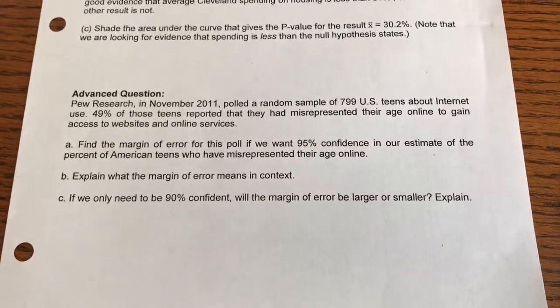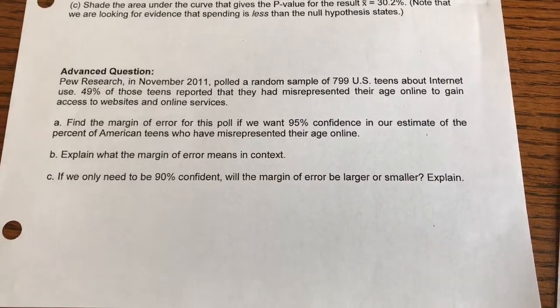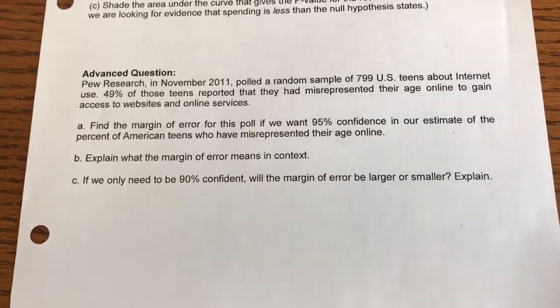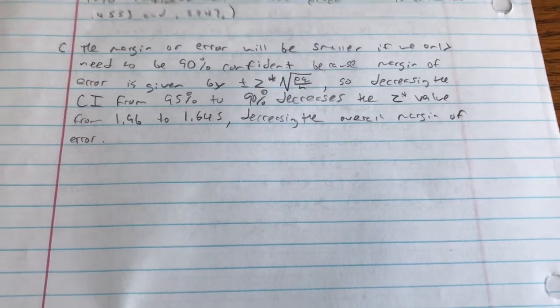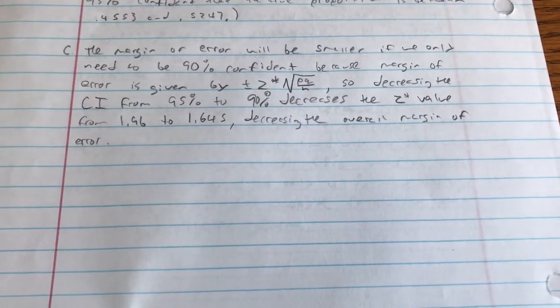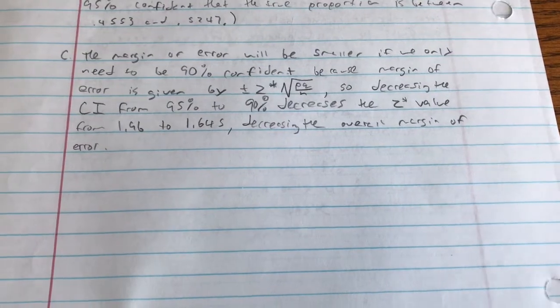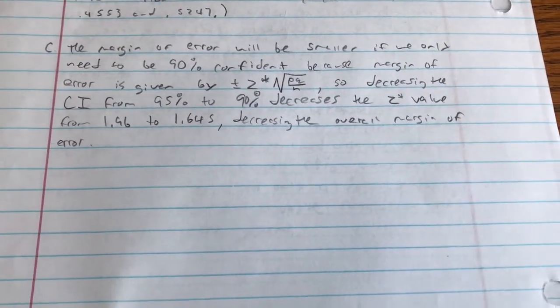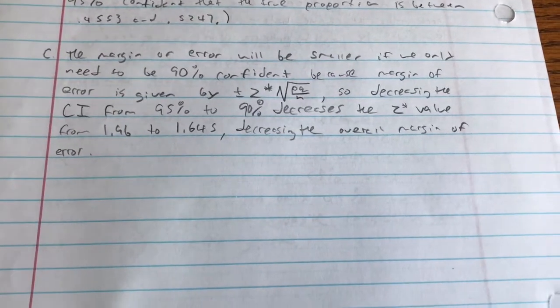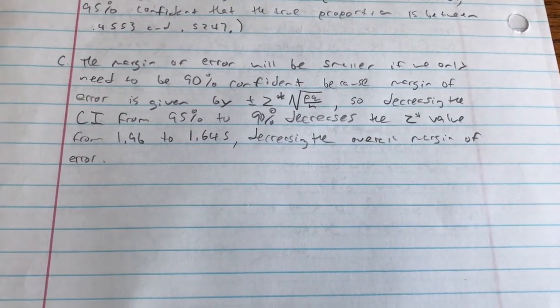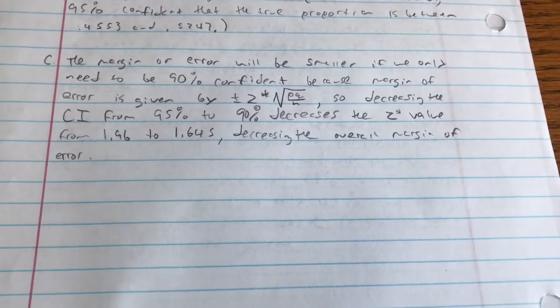Now if we only need to be 90% confident, it asks, will the margin of error be larger or smaller? Just looking at it purely mathematically, we know it's going to be smaller, because the margin of error is given by the equation shown right there. If you only need to be 90% confident, your z value is going to go down.